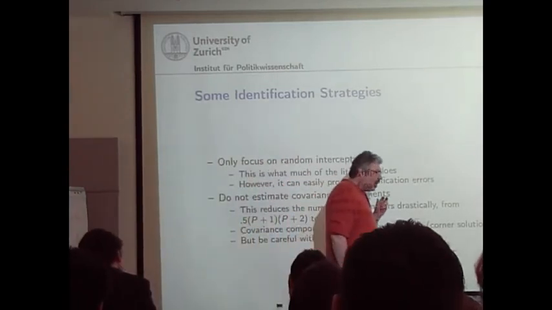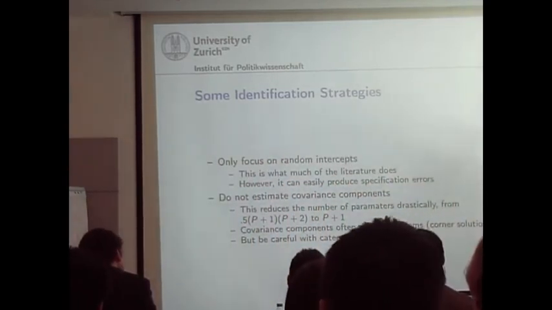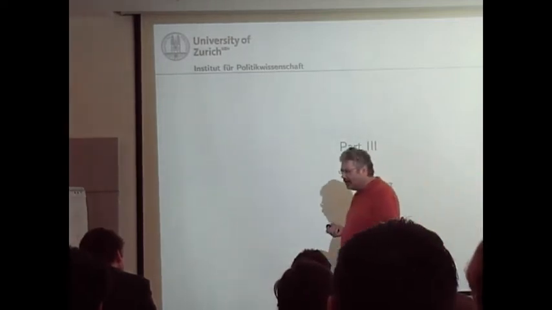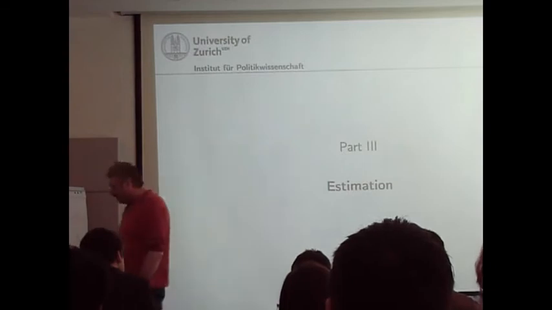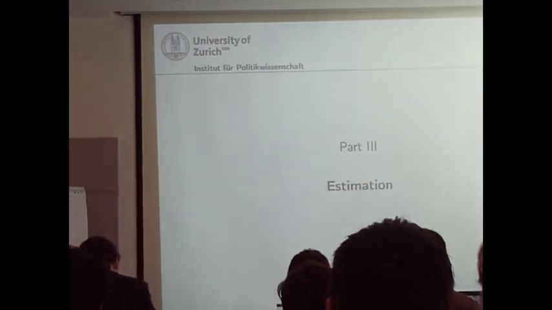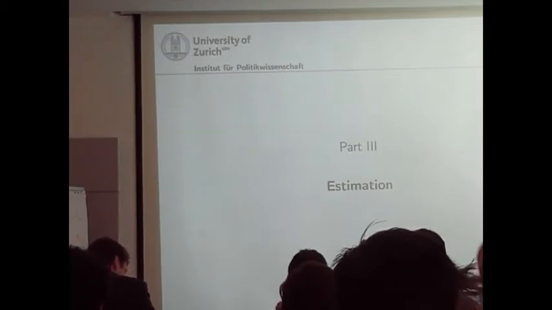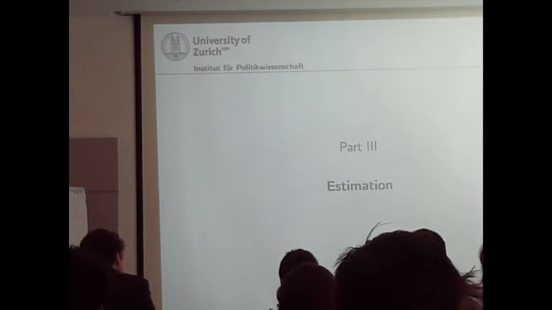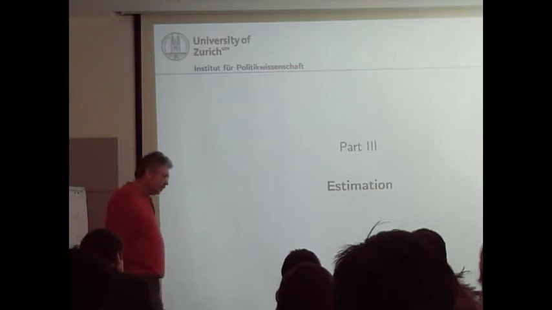But there are some issues in estimation, and this actually gets me to the next topic, which I want to keep relatively non-technical. But I do have to talk a little bit about estimation, especially because there are three things we're potentially interested in estimating.